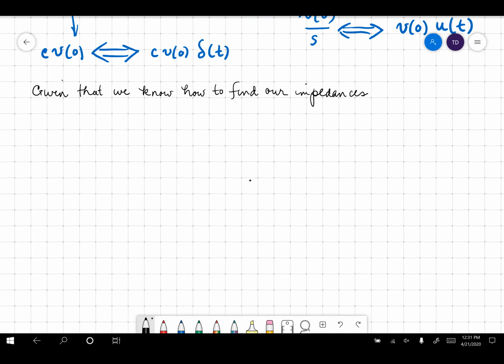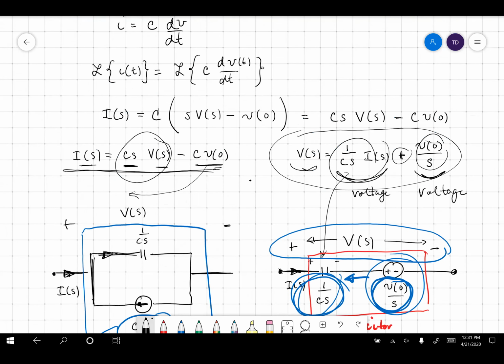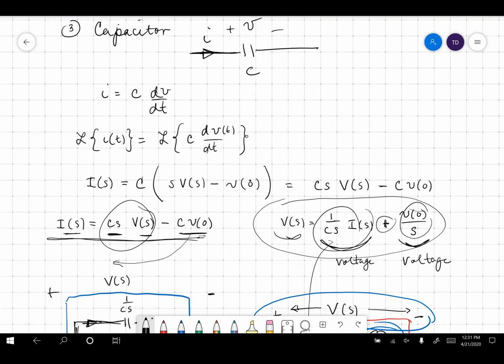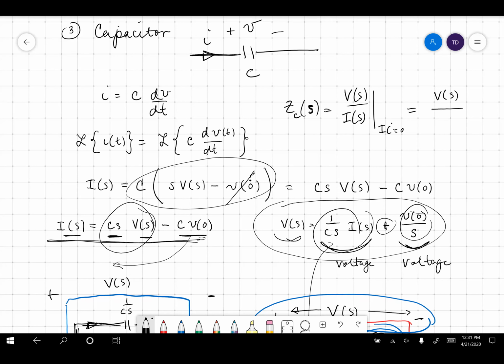Did we write that last impedance? I don't think we wrote that last impedance. Let's just go back up here, get that last impedance. Did we do that? We didn't. Z sub C of S is equal to V of S over I of S with initial conditions equal to 0, and that is going to be equal to V of S divided by, here's my I of S with the initial condition 0.